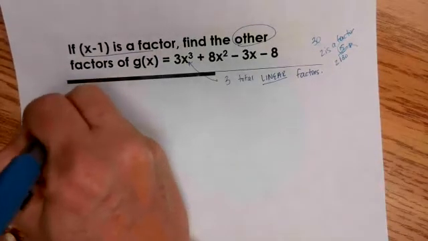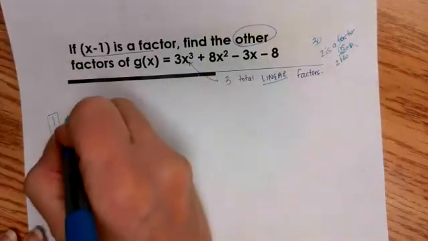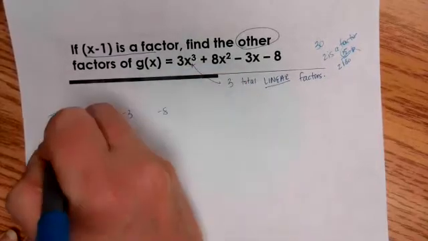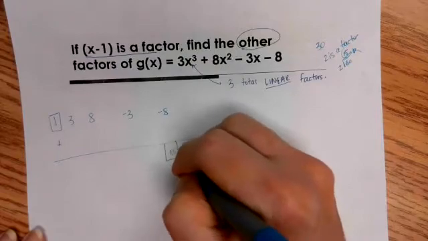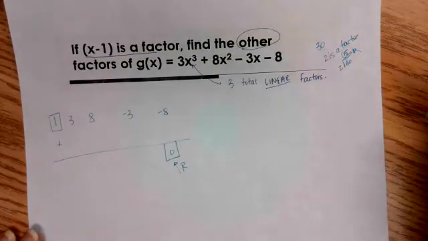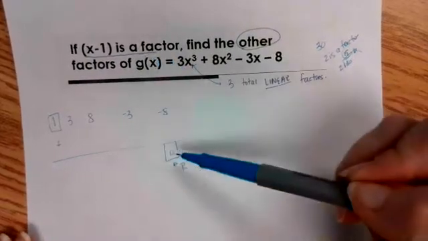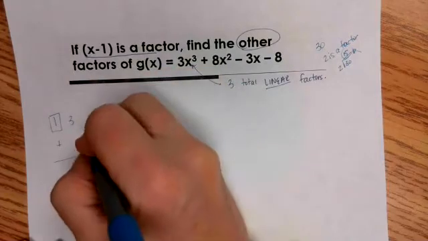So 1 in the box. My coefficients, I'm not missing any terms. So 3, 8, -3, -8. I'm going to do some synthetic division. My remainder has to be 0. They told me that x minus 1 is a factor. My remainder has to be 0. So I'm going to go quick.